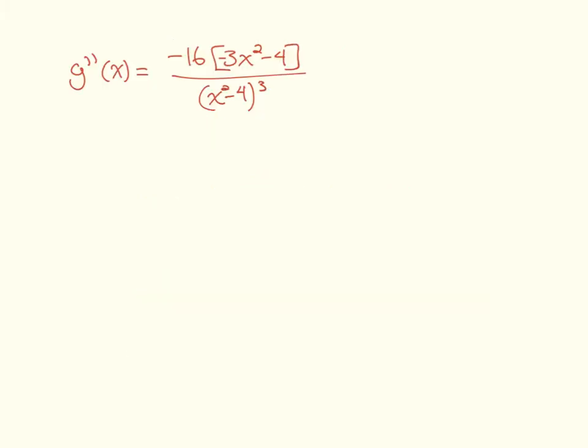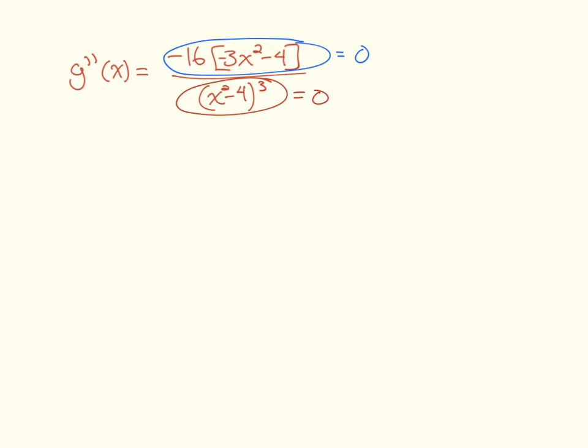The second derivative is copied over from the previous page. What we need to do now is find the possible points of inflection by setting the numerator equal to 0, and any vertical asymptotes by setting the denominator equal to 0.